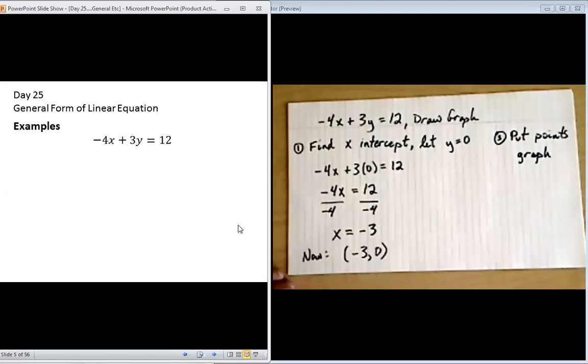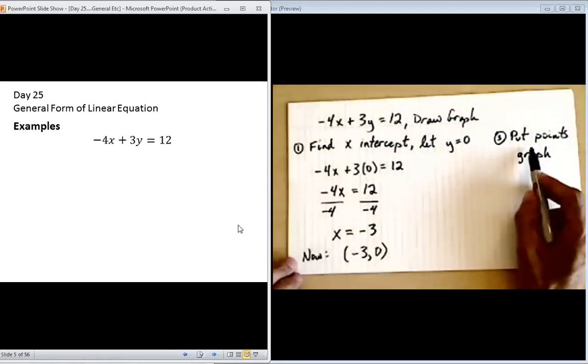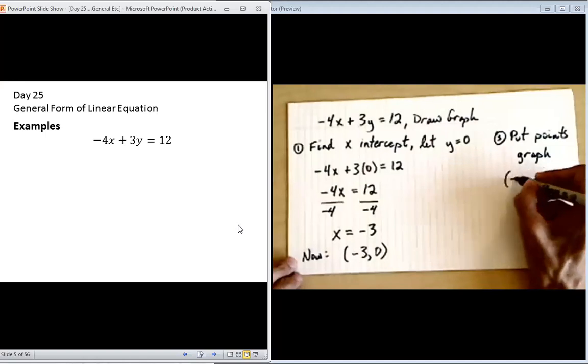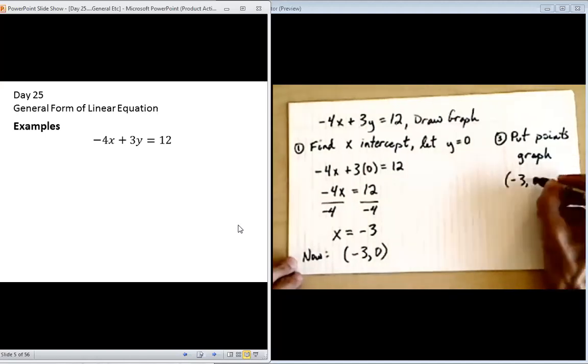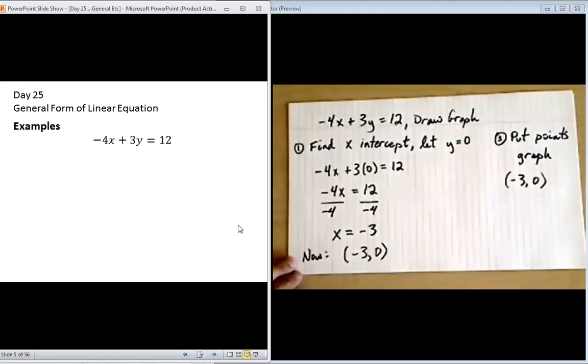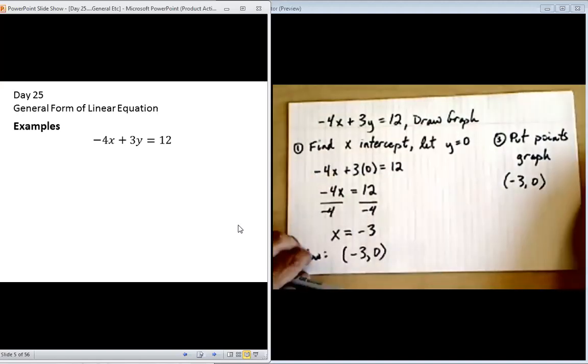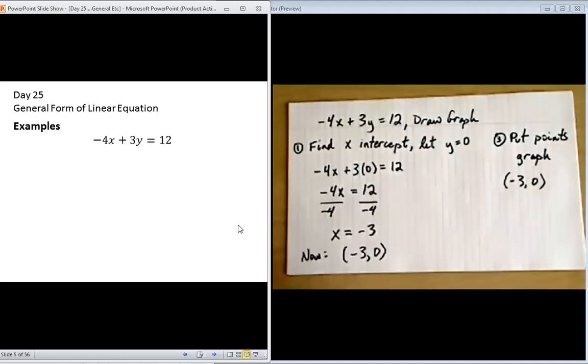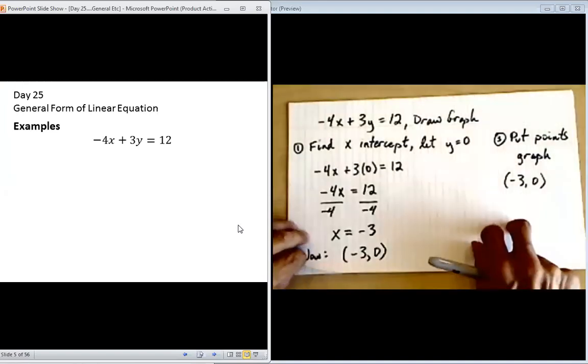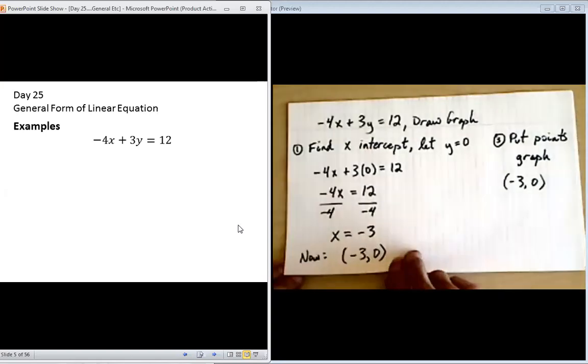Yep, because what do we need? We need to put points on their graph. We have one of them. We know that one. But we need to find a second one somehow. And so, yeah, we're going to find the y-intercept. Same approach as this one. Can I switch the page?